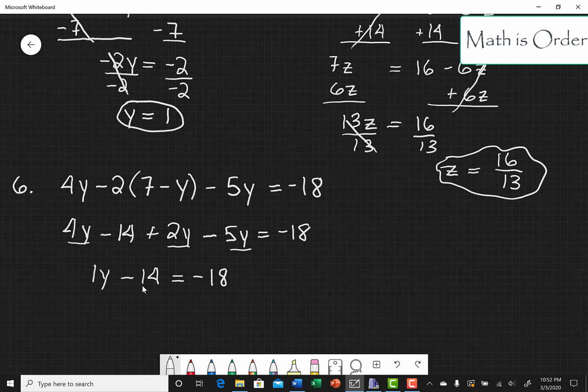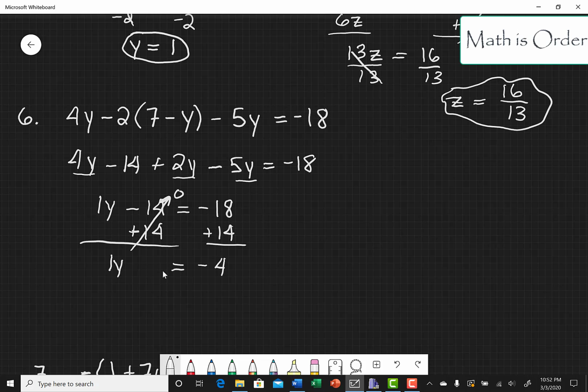Let us get rid of this 14 by adding 14 on both sides. So we're left with 1y equal to negative 4, right? Now 1y is the same thing as just y. So we're just saying that y equal negative 4, right?